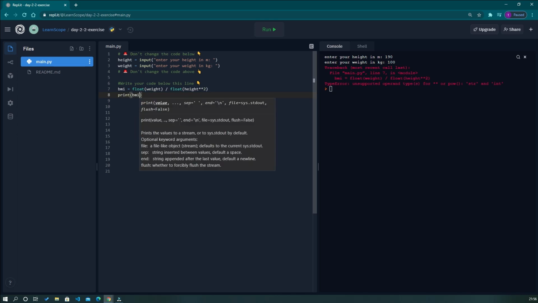Print BMI. Just run that again. Okay, so it's 1.9. 1.90, 100.